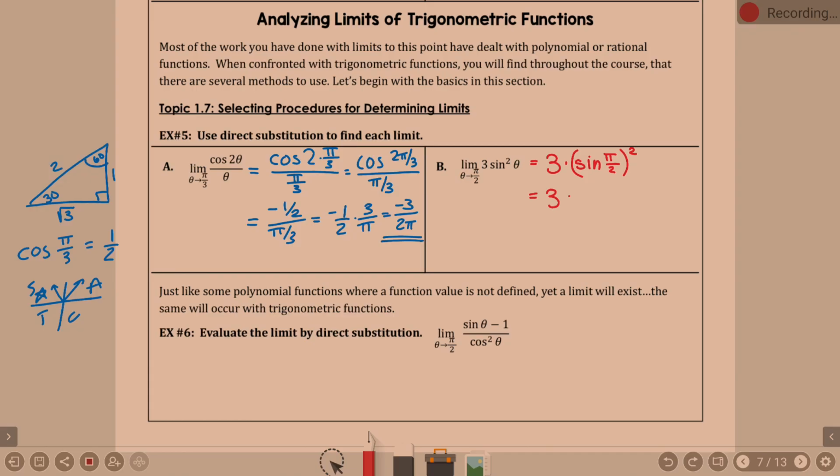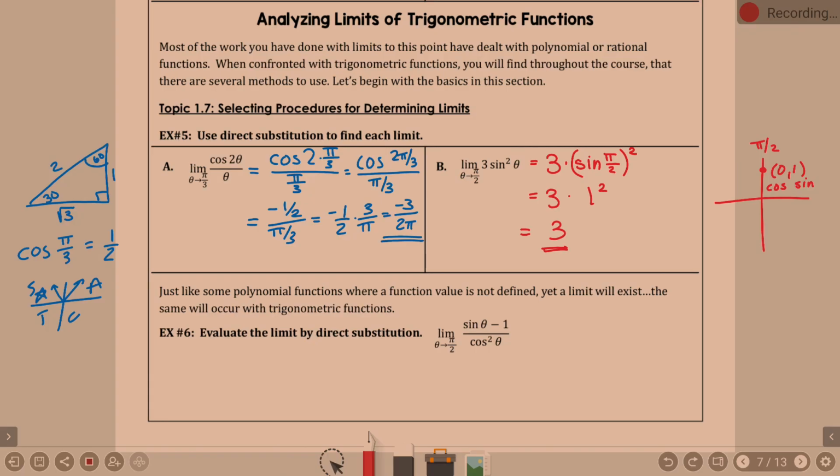So sine of pi over 2 would be 1. Then you square that, still 1. Pi over 2 being the same as 90 degrees, right? That ordered pair is 0, 1. In an ordered pair, it's cosine, sine. So, yep, 3 times 1 squared, or in other words, 3.